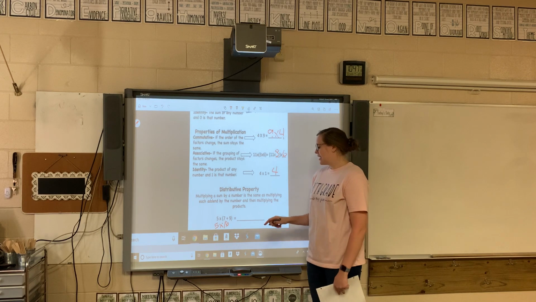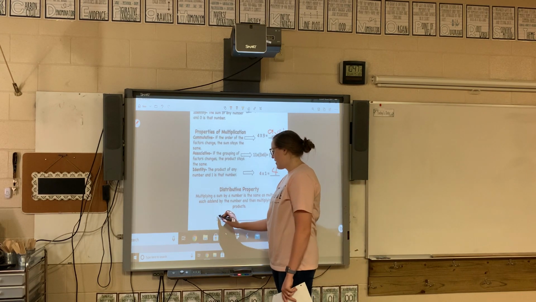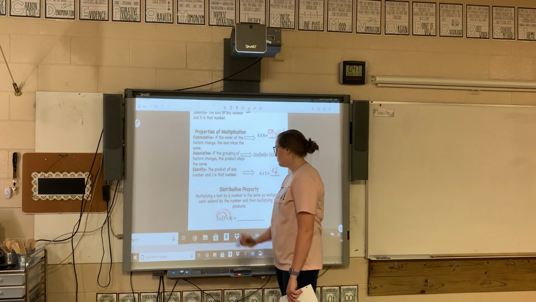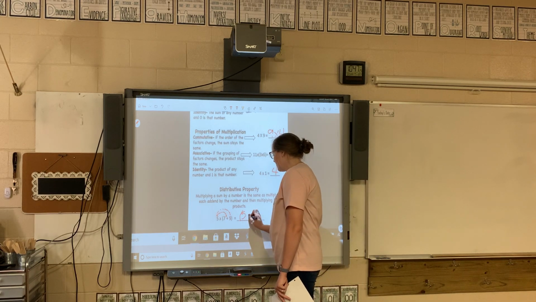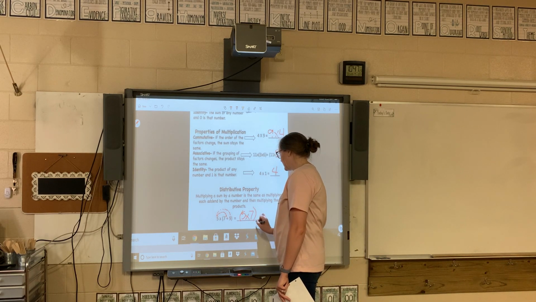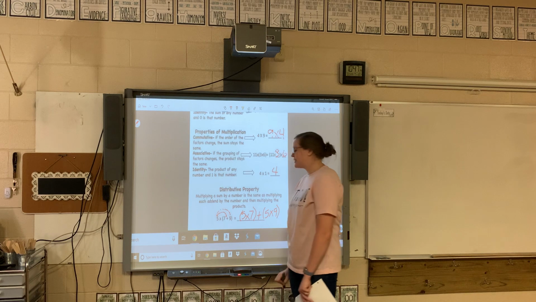Well, I can do that another way as well. I can take my 5 and distribute it inside the parentheses. And so I can have 5 times 7 plus 5 times 9.